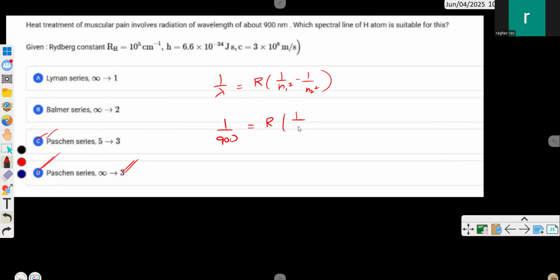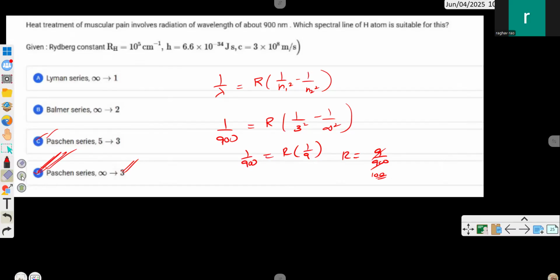So 1 by 3 square minus 1 by infinity square. I think this is the answer. So R into 1 by 9, 1 by 900. R value equals 9 by 900. Yes, this is the answer. So that would be Paschen series infinite to 3.